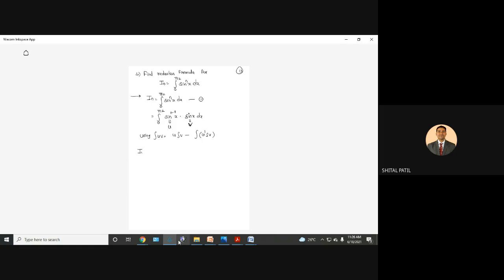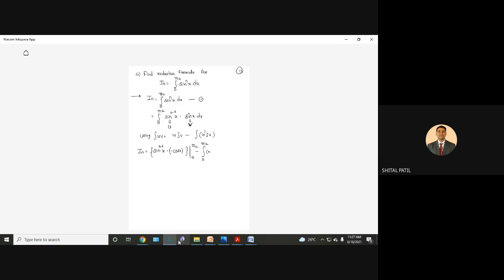So I n equal to u as it is, sin raised to n minus 1 x into integration of v, integration of sin x, which is minus cos x, limits 0 to pi by 2, minus integration from 0 to pi by 2 of u dash.